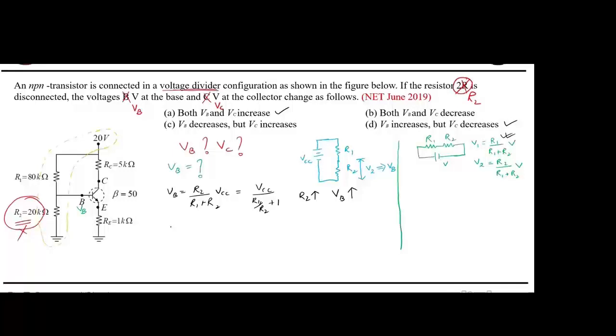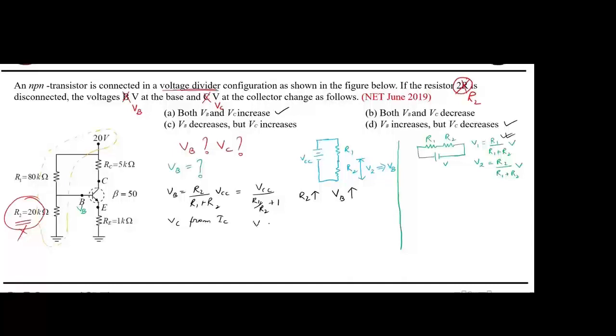Because of VB, but see, you can get the information about VC from IC, right? So let me show you one trick. There are many ways to solve this one, but let me show you one trick.